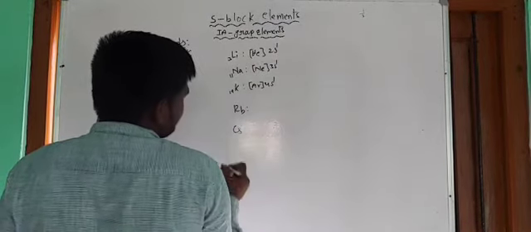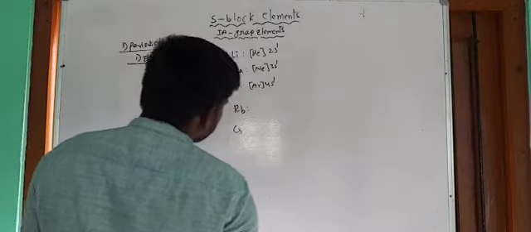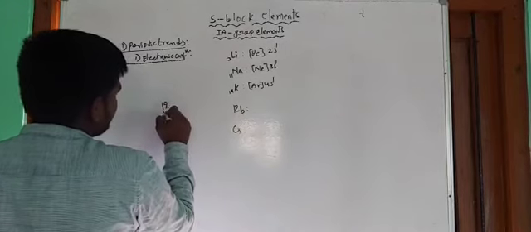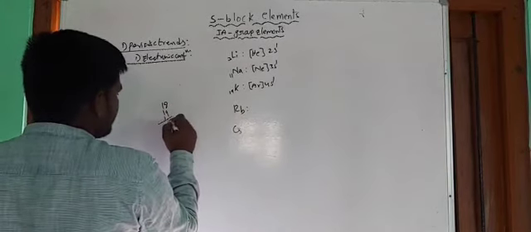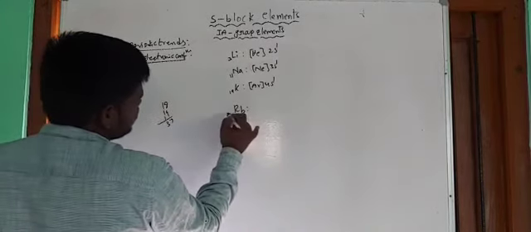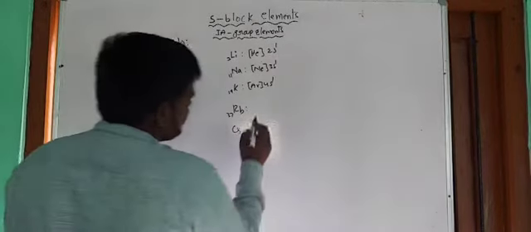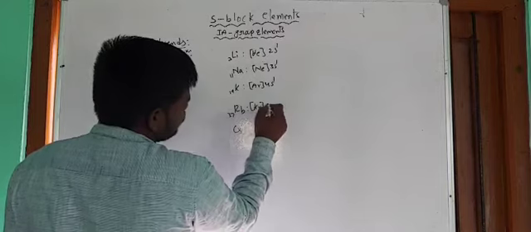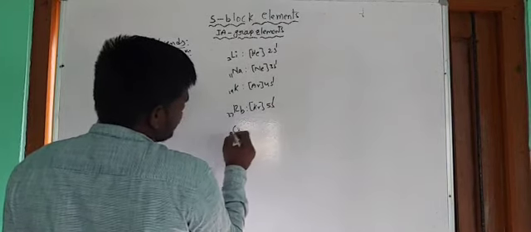4s1. And rubidium atomic number you can get by adding magic number 18 to this 19, so you get 37. 37 is the atomic number of rubidium, and it takes krypton configuration 5s1.